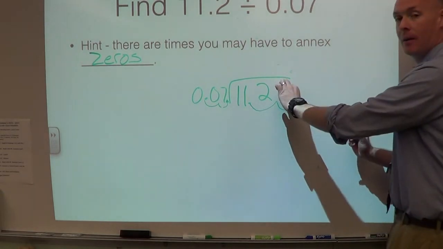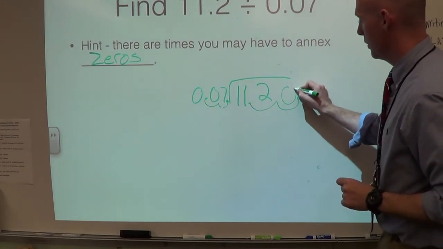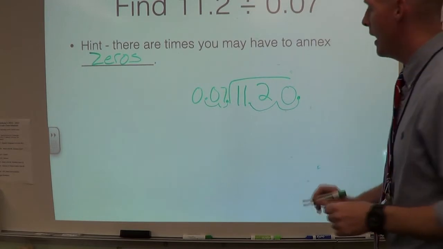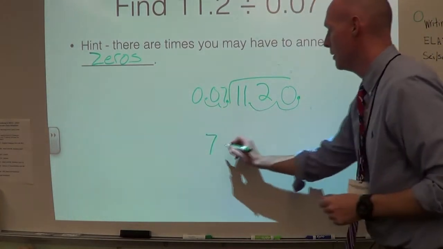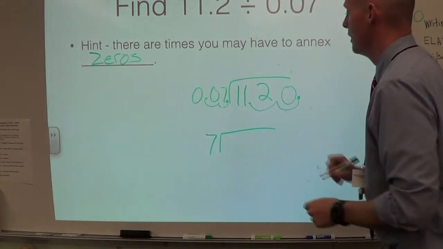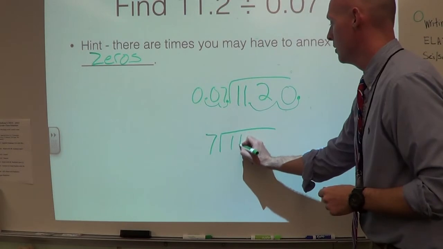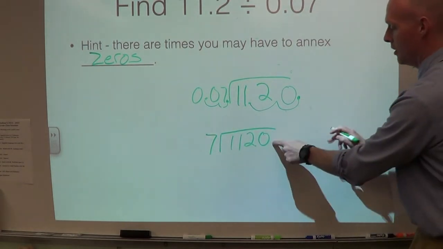We don't have a spot there. That's where we have to annex a 0. So let's do it. Okay, now I'm going to rewrite the problem. We have 7 on the outside, because we moved the decimal, and then we moved it twice here, so it's 1,120.